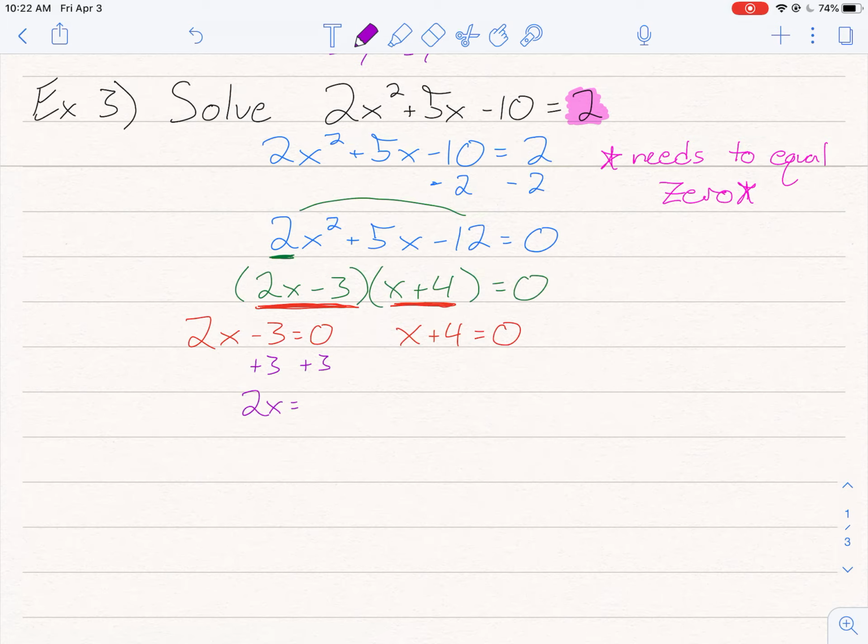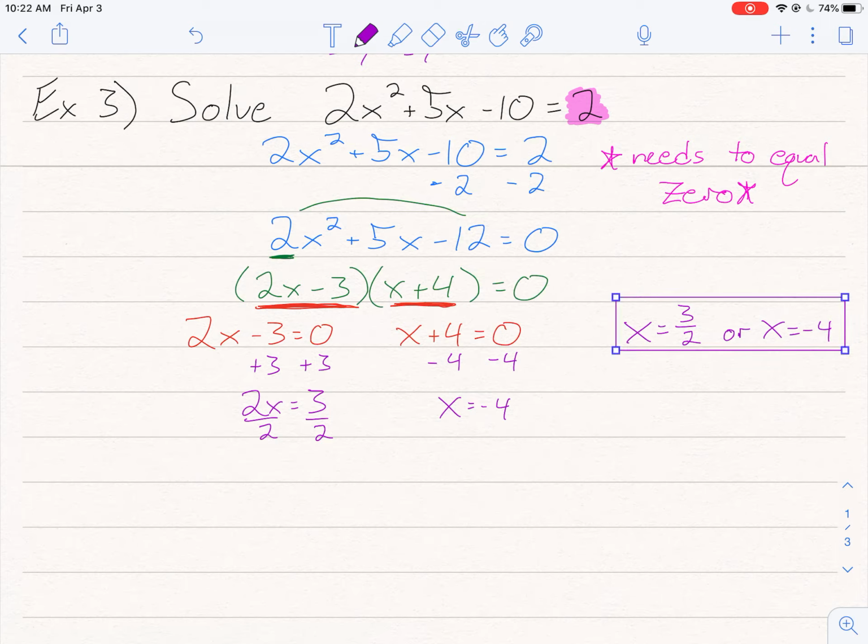So I get 2x is equal to 3 here. And then I divide by 2, divide by 2. So one of my answers is going to be 3 over 2. And I subtract 4, x is equal to -4.